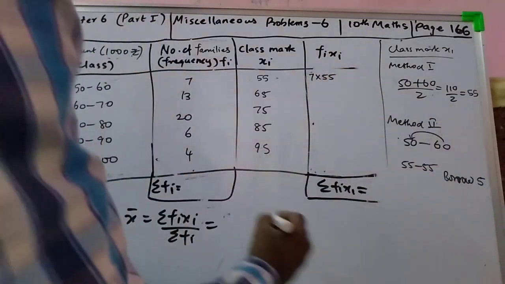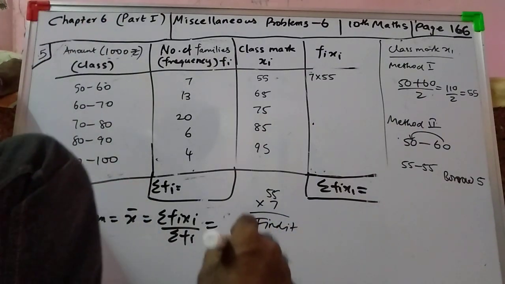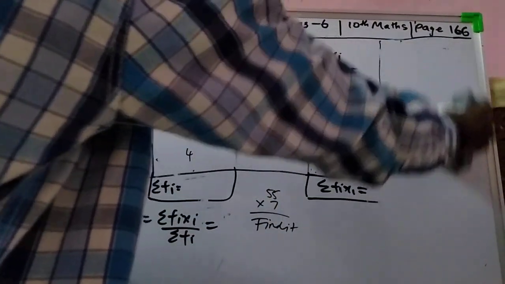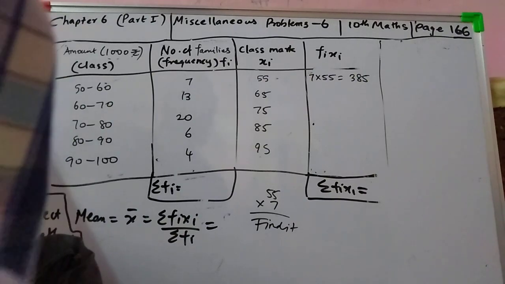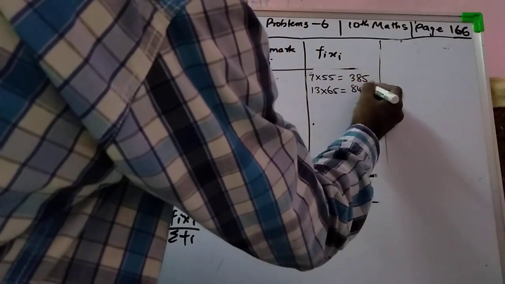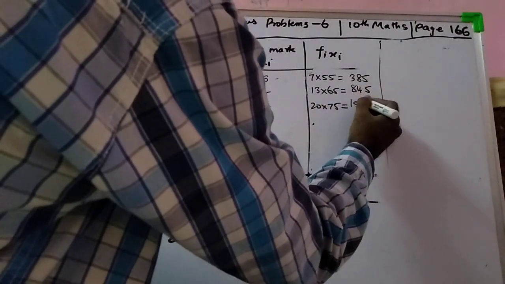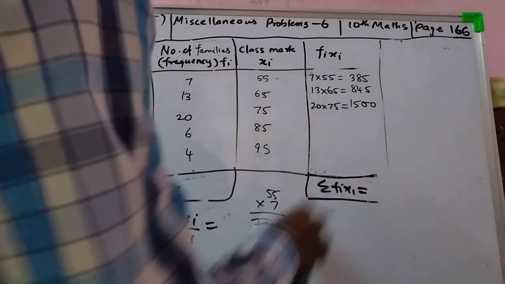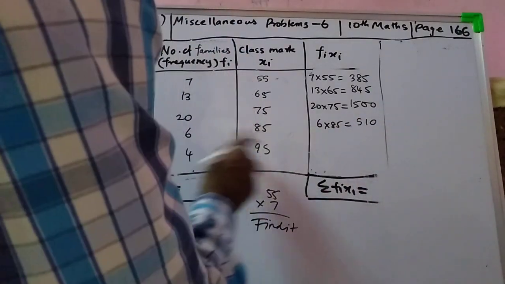7 into 55. Try to do it and find it. Next one, 13 into 65. 20 into 75. 6 into 85. 4 into 95.